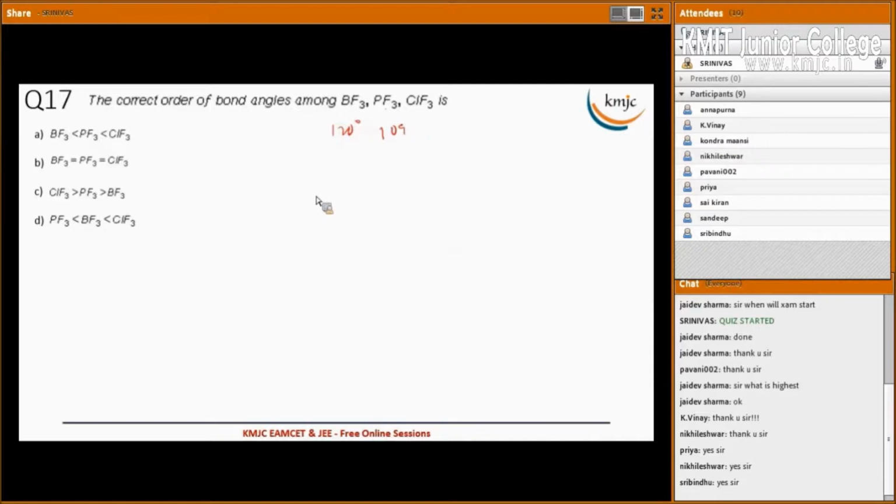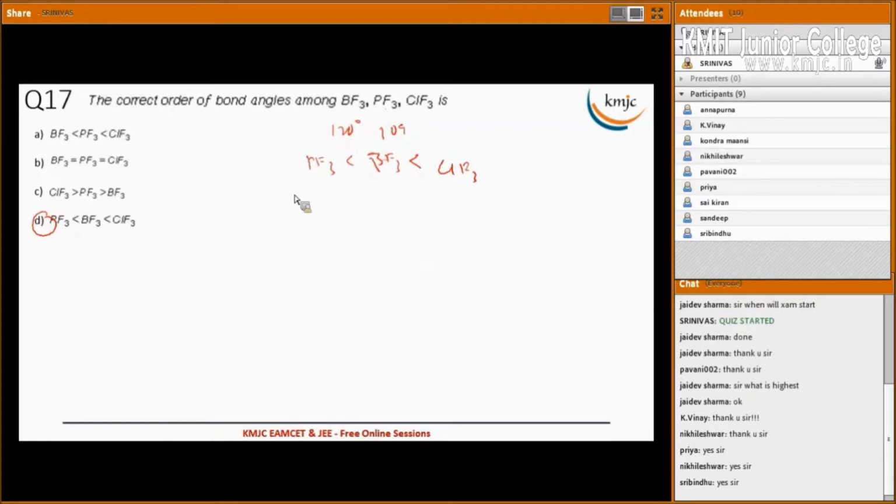The order comes to be PF3 less than BF3, which is less than ClF3. Okay, so the answer comes to be D.